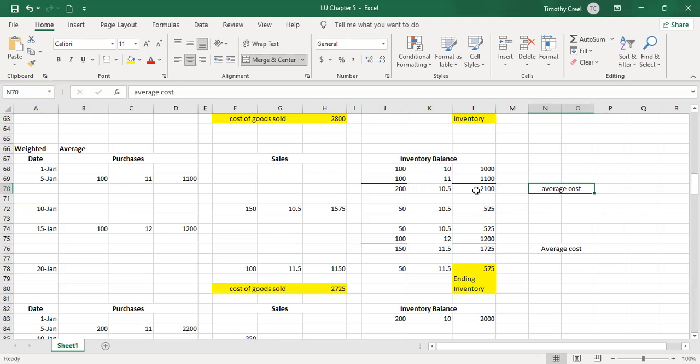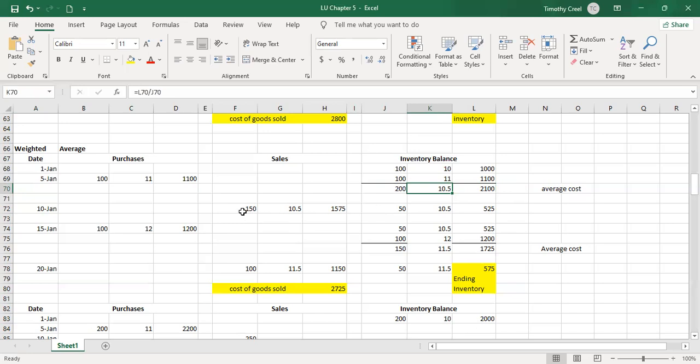You take the total value of the inventory, divide it by the units, and you come up with your average cost per unit.